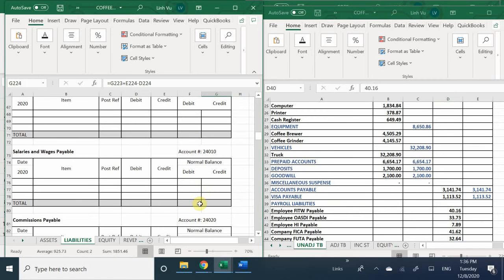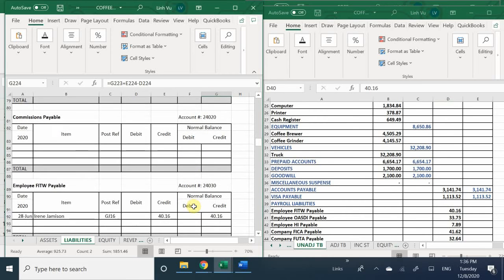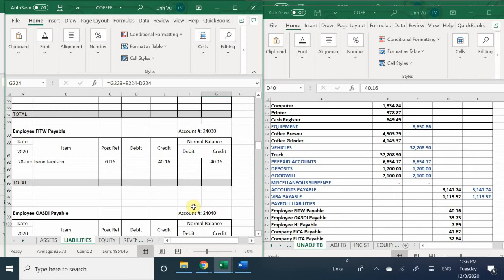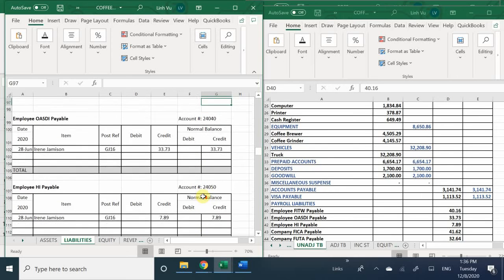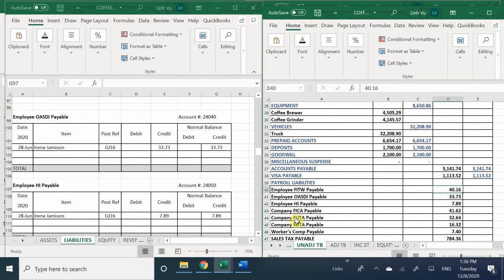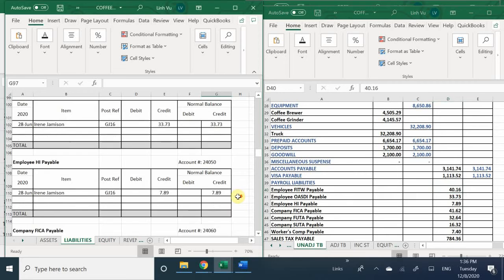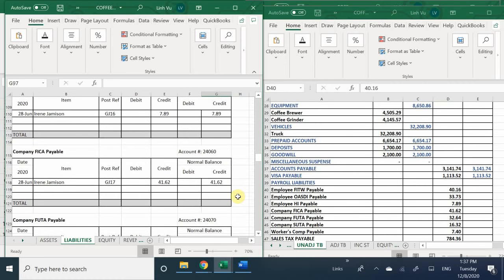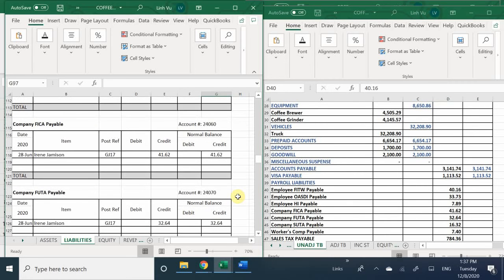So the first one is salary and wages payable, nothing there. Commissions payable, nothing there. My employee FITW, did that change? No. What about my employee OASDI? No. Employee HI? No. What about company FICA?